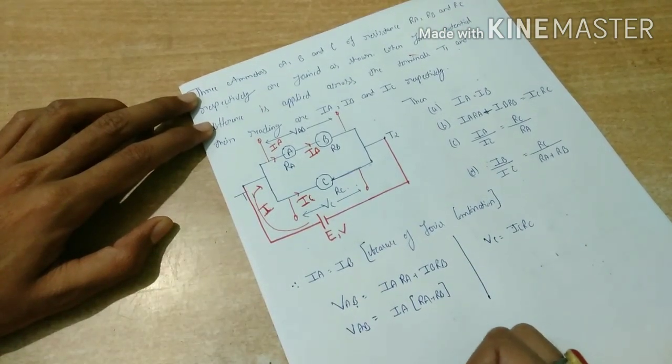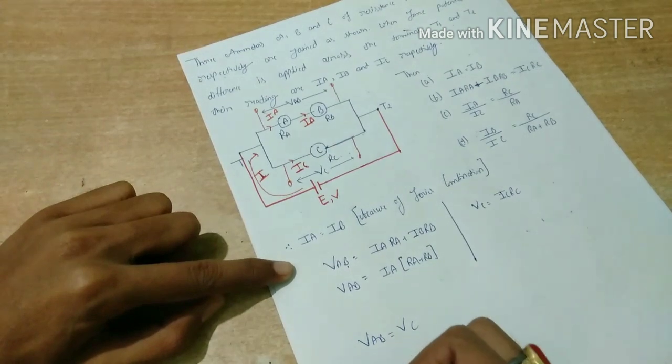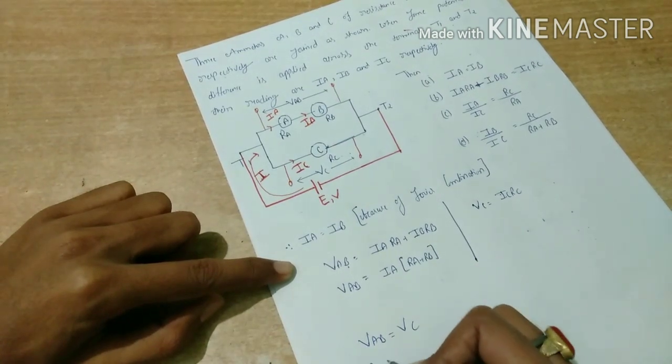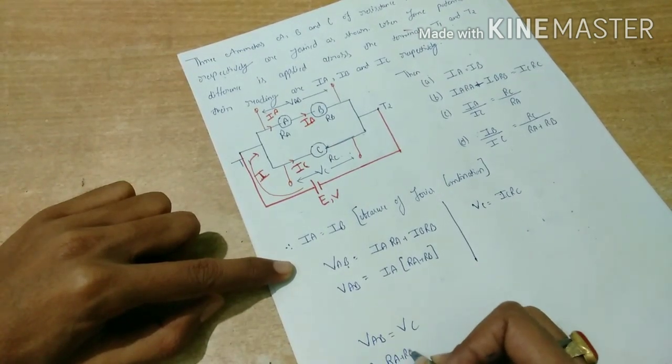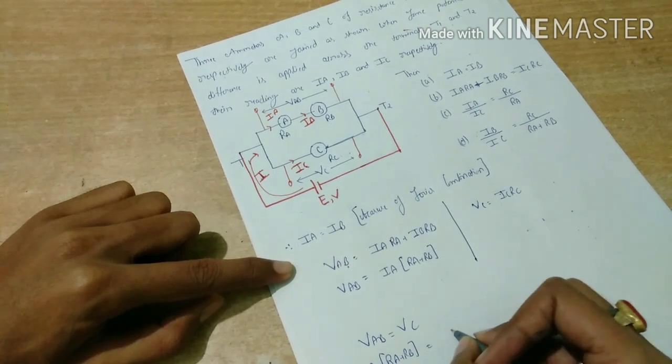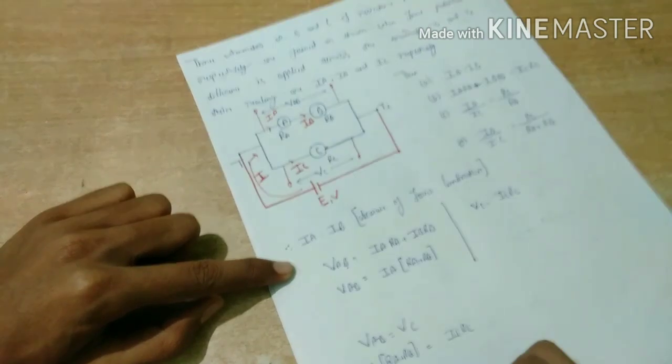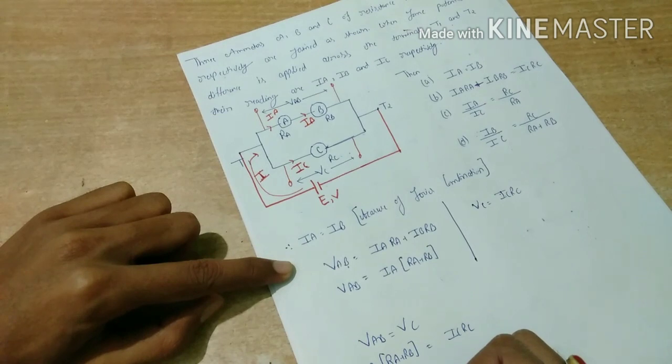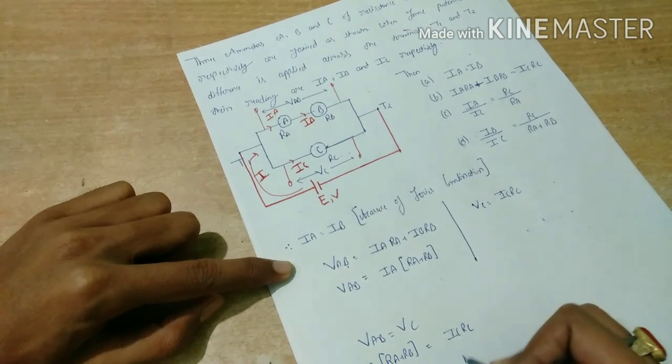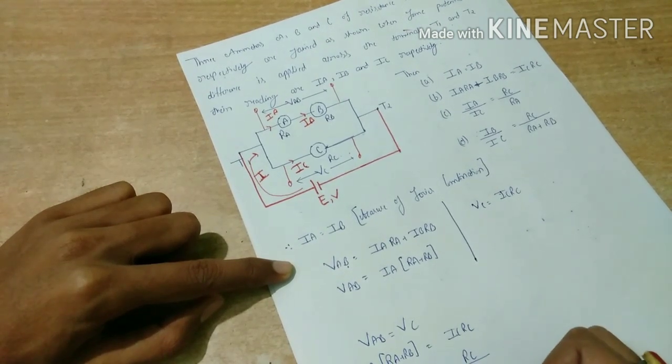VAV equal to VC. IA (RA plus RV) equal to IC RC. So IA divided by IC equal to RC divided by (RA plus RV).